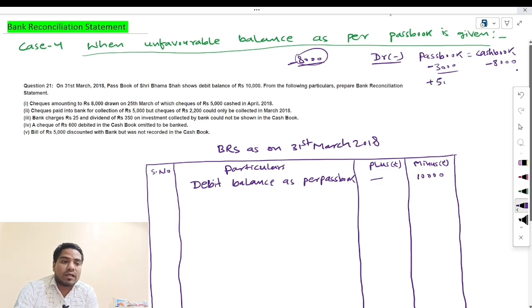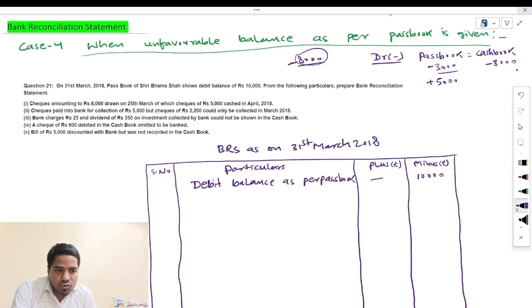Your passbook balance is showing more than your cash book balance. In this situation, what will we do? We have to minus this 5,000 from the passbook also, because in the cash book we cannot change anything. We have to reconcile the balance of passbook with the balance of cash book, so any change required will happen in the passbook, not in the cash book.